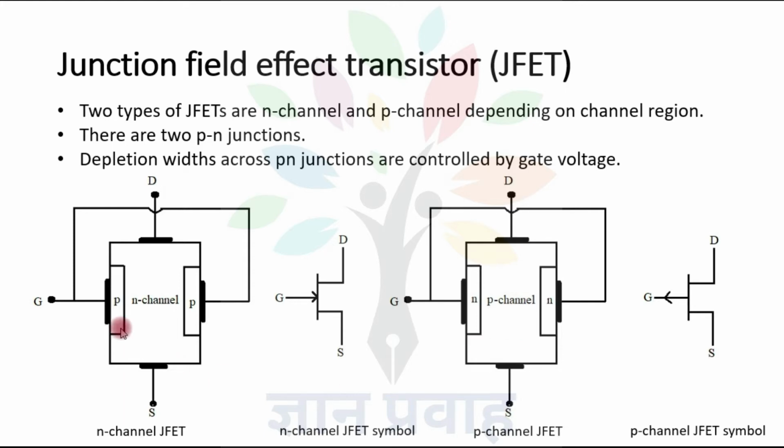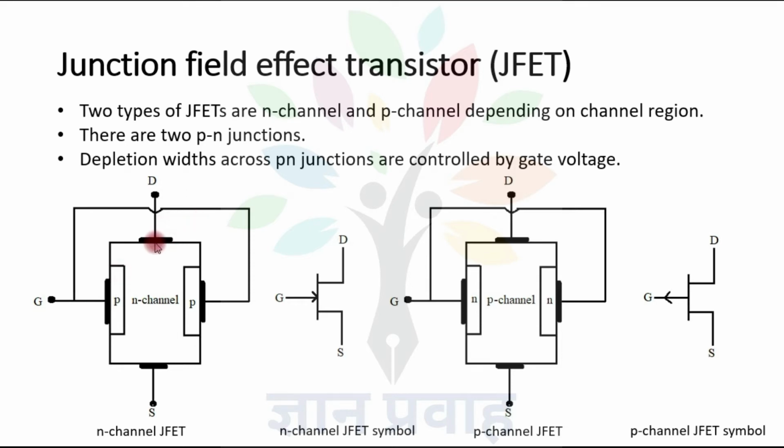The structure of N-channel JFET is given here. 3 terminals, drain, gate and source. Gate is connected with the P-type material here and both are internally connected to provide a common gate terminal.